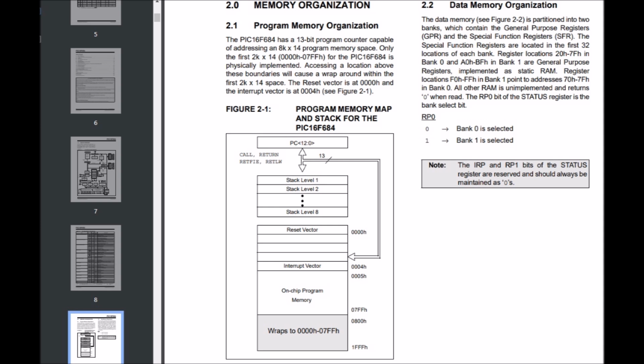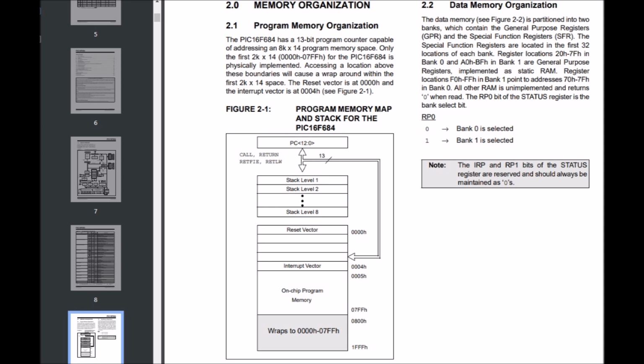Program execution. The microcontroller fetches and executes instructions stored in the flash memory during operation. Write and erase cycles.